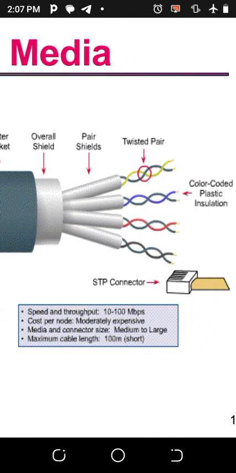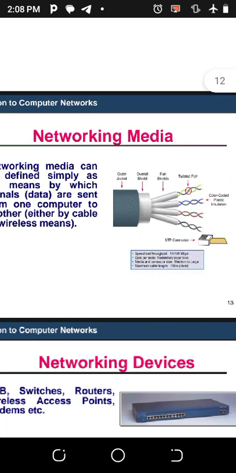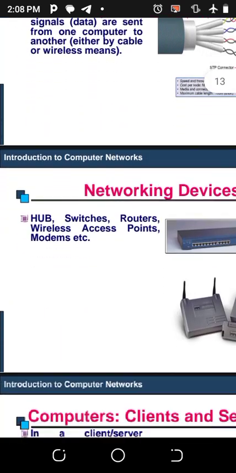The cost per node is moderately expensive. The media and connector size is usually medium to large. The maximum length of these cables is short, going up to just 100 meters, just to connect within a local area network, like in a classroom or a computer library and whatnot.